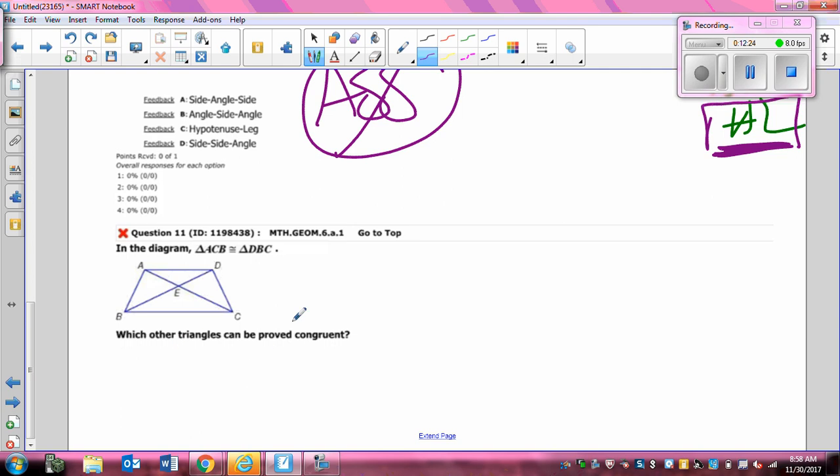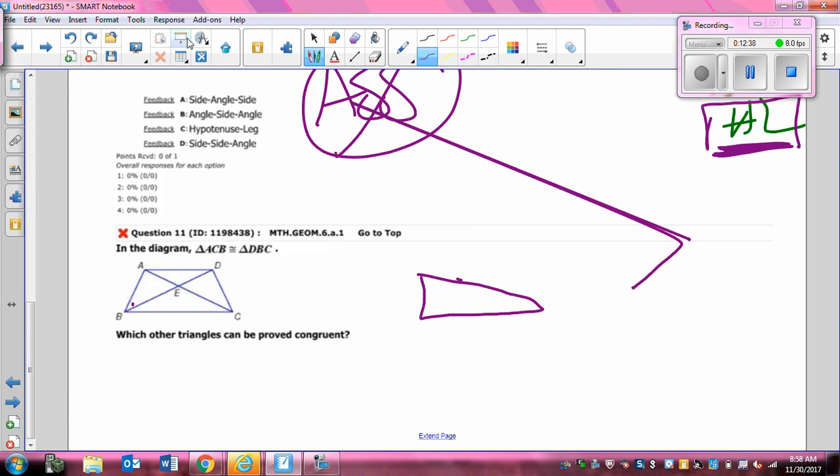Which other triangles can be proven congruent? In the diagram, so A, C, B, this triangle is congruent to D, B, C, the other triangle.